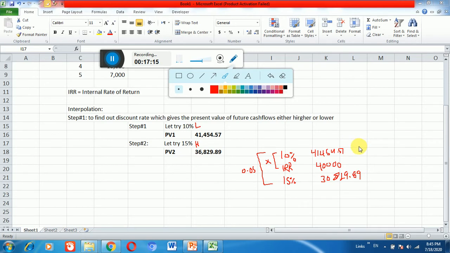Now you need to find the difference between these values.